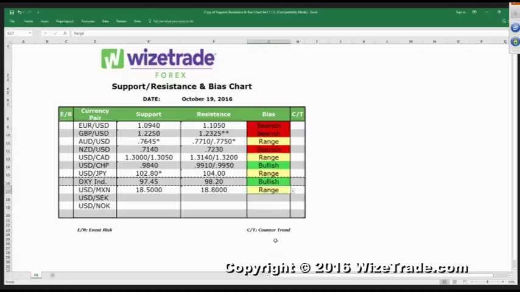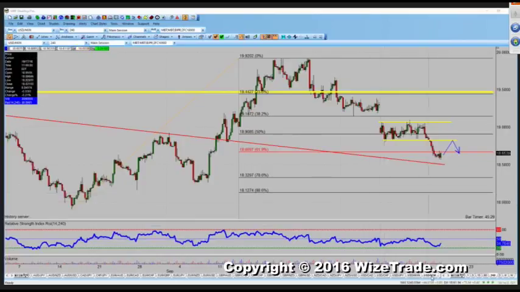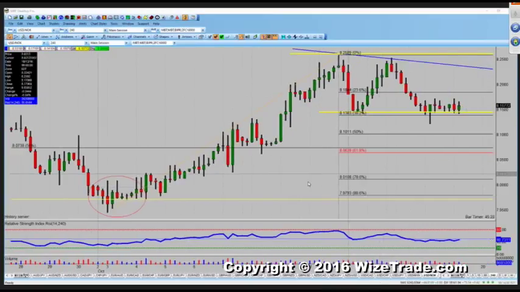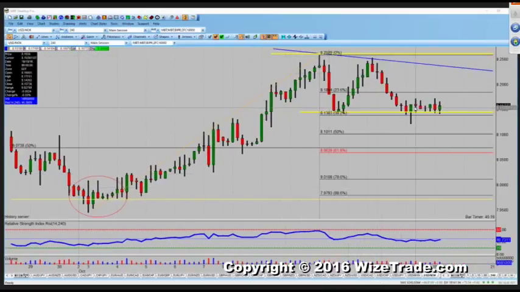All right, we are in a range here. Okay, let's go over to the Norwegian krona. Surprisingly, we've not sold off, meaning the Norwegian krona has not strengthened with that break higher in crude oil.